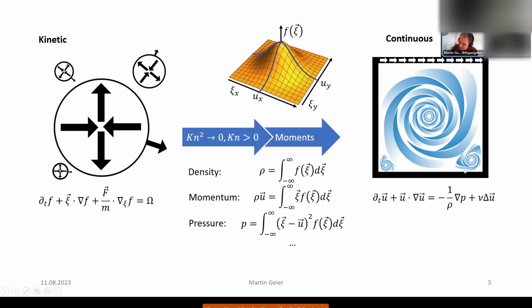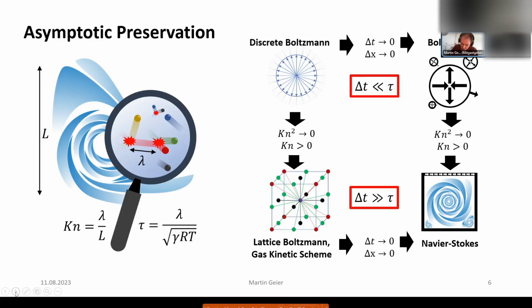And these quantities follow the Navier-Stokes equation under the condition that the Knudsen number is small enough, or that the Knudsen number squared is going to 0.